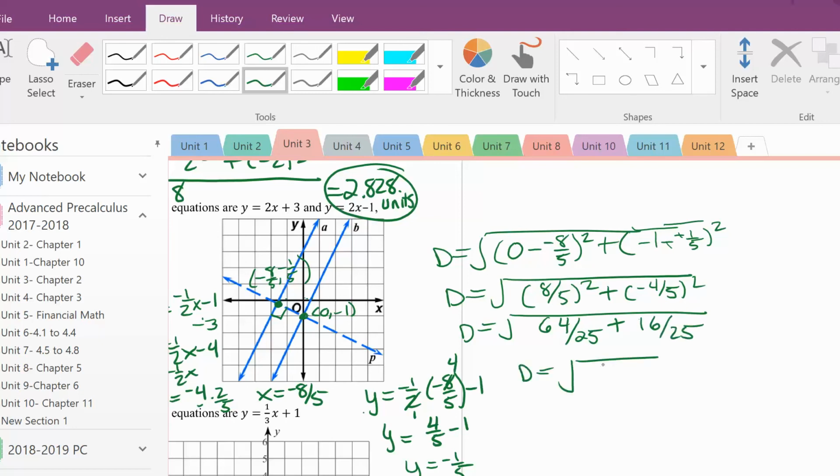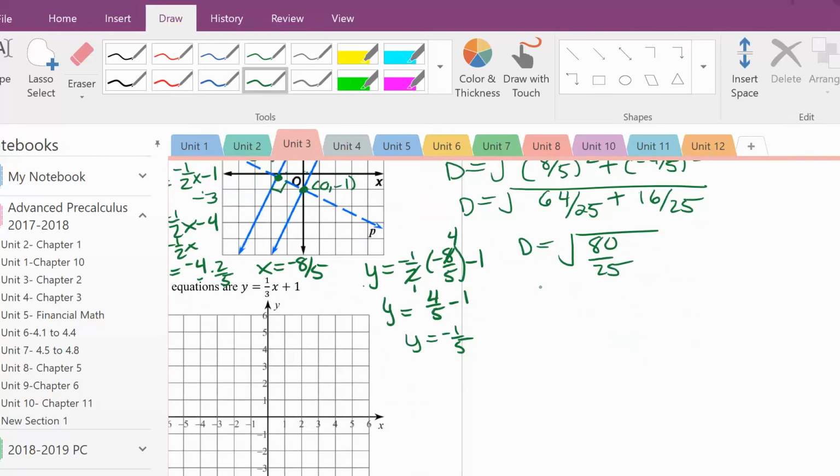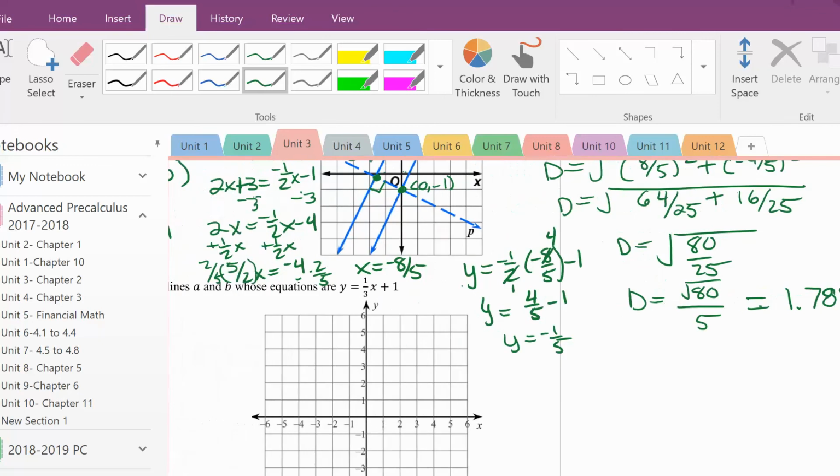So it's the square root of 80 over 25, which means it's the square root of 80 over 5. And if you type that in your calculator, you get 1.789 units. Alrighty.